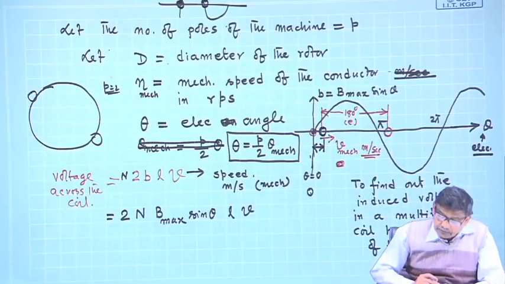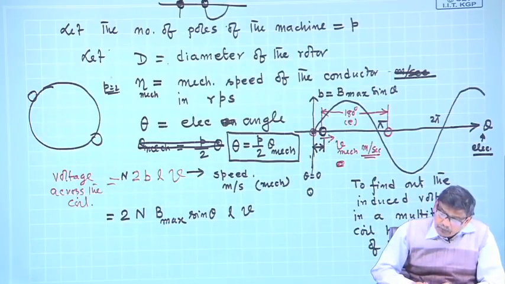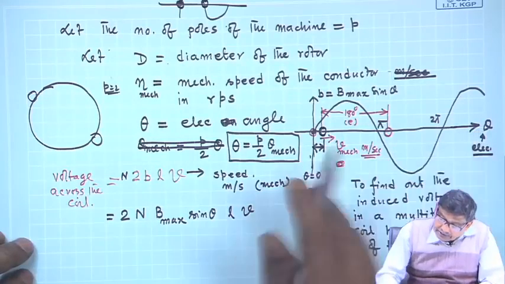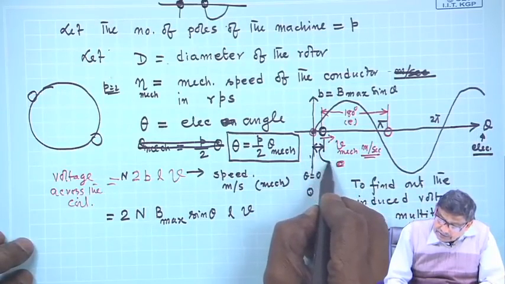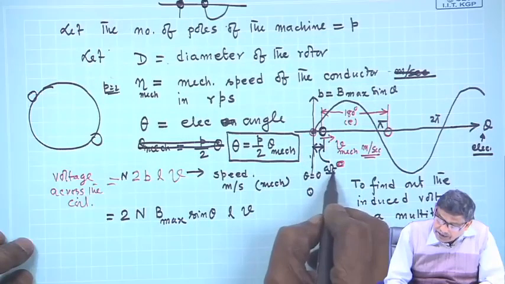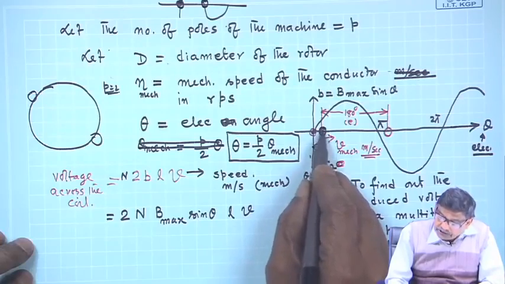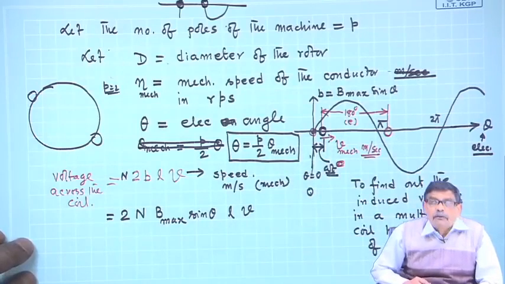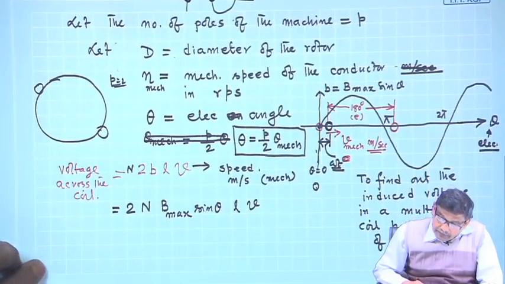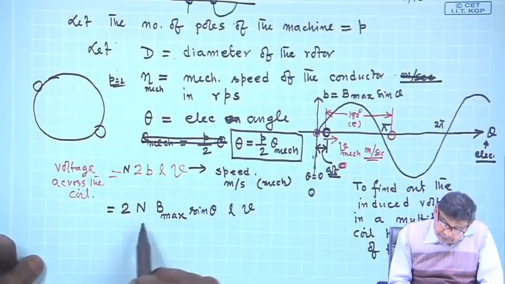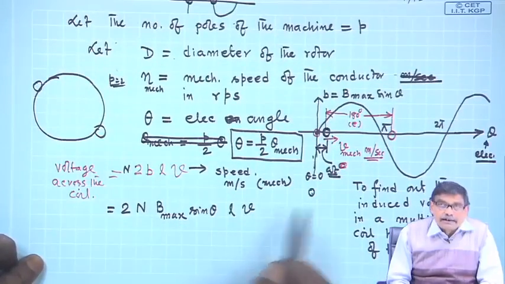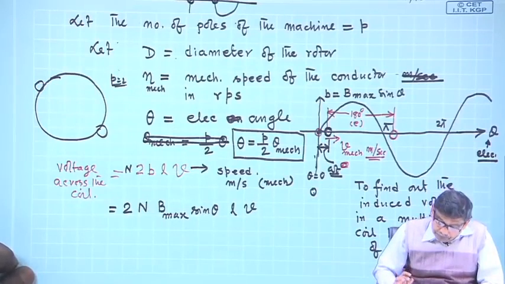By what angle has it moved? It has moved by omega t, this is the electrical degree. And in this position, I want to find out the induced voltage in the coil.